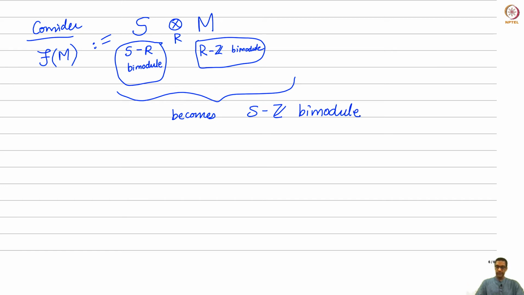Now this object is exactly what we get by extension of scalars, because to say that it is an SZ bimodule, I can ignore the Z, right? The Z module structure doesn't add anything more, it's just the abelian group. So what I have, therefore, is an S module.